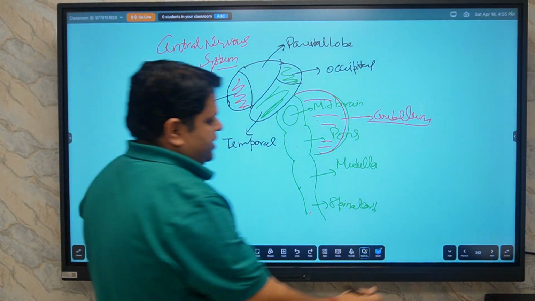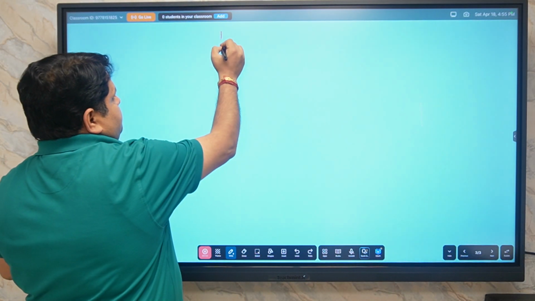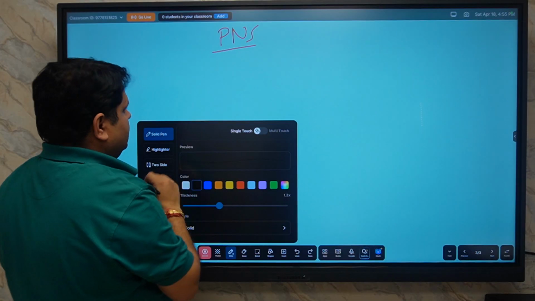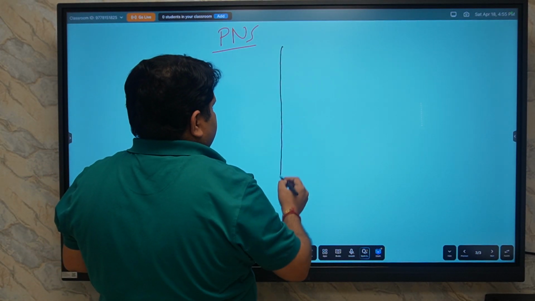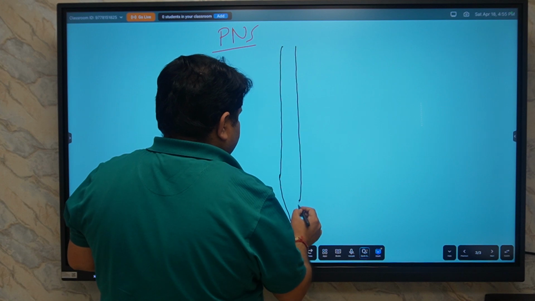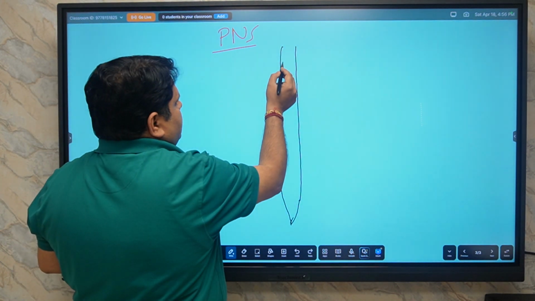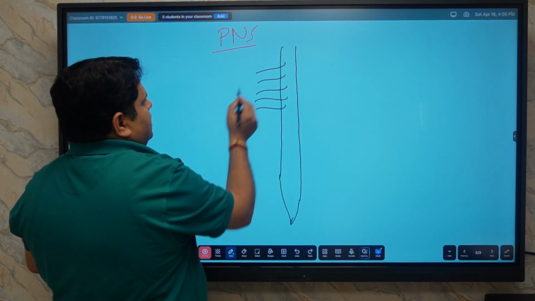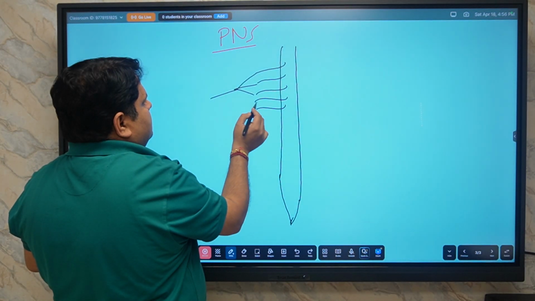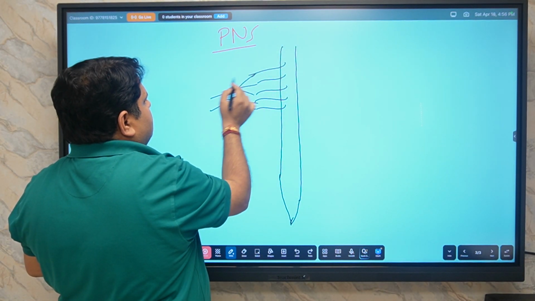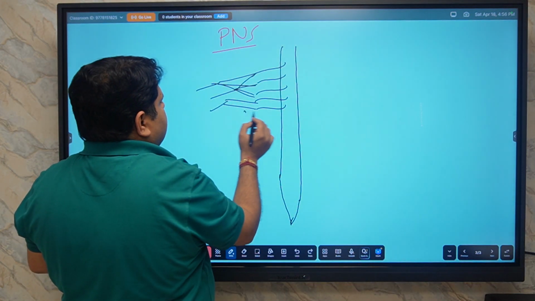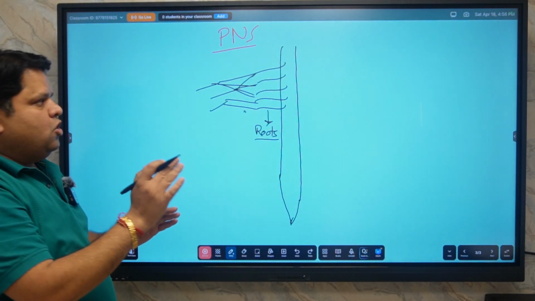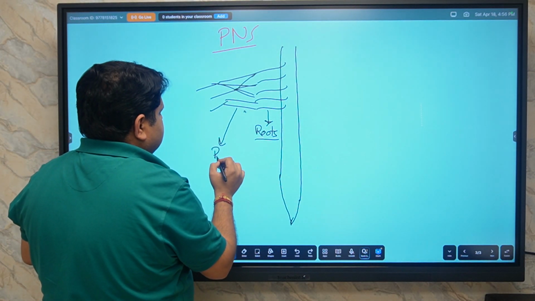Now we will see the peripheral nervous system. So in PNS या फिर in peripheral nervous system we have spinal cord, which is the part of central nervous system. From spinal cord multiple roots arise which combine in different manner, and these are the roots which arise from the spinal cord. Then we have the plexus.